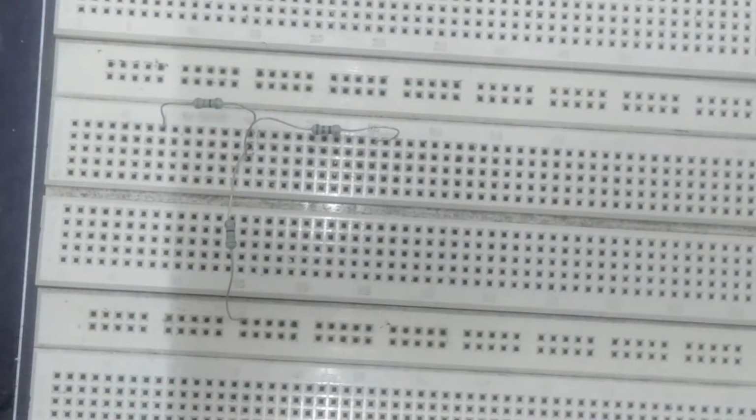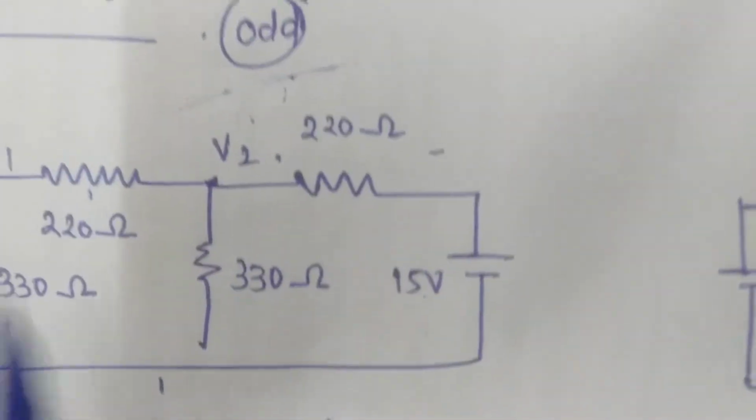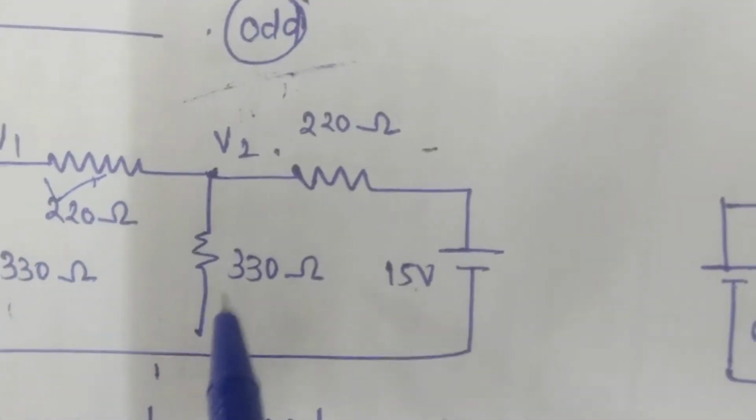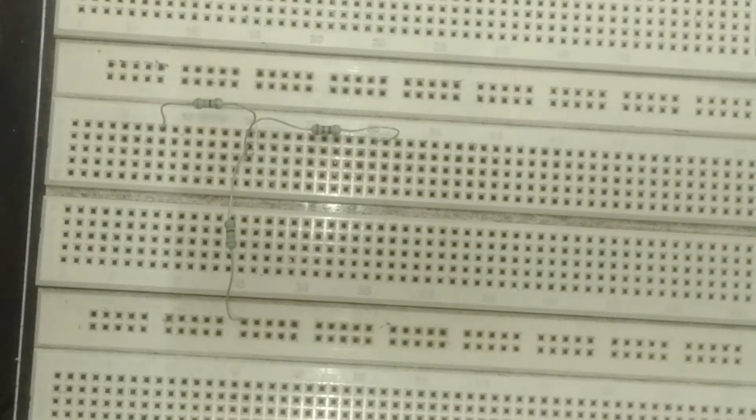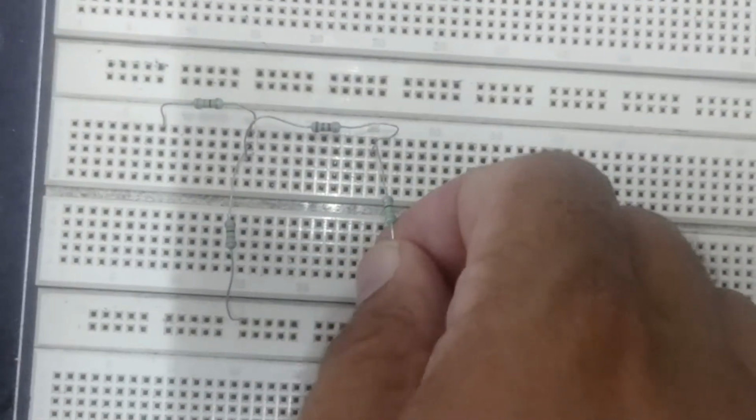Now this 220 ohm resistor is connected. This one, 220 ohm, is okay. Now I have to connect this 330 ohm resistor. So I will take this 330 ohm resistor, and I have to connect it at the end leg of this.